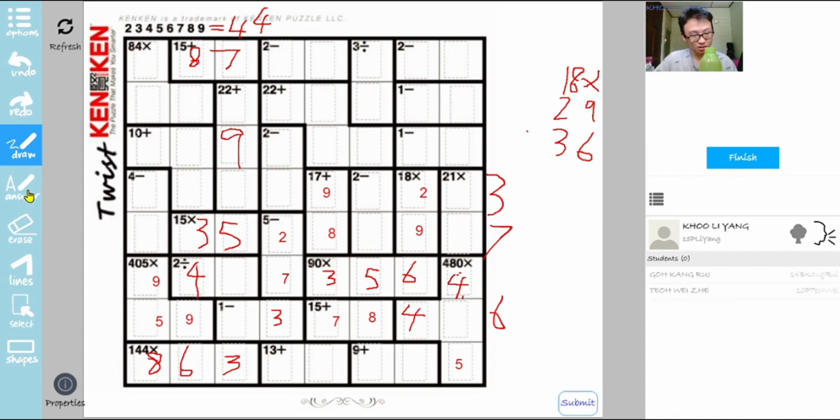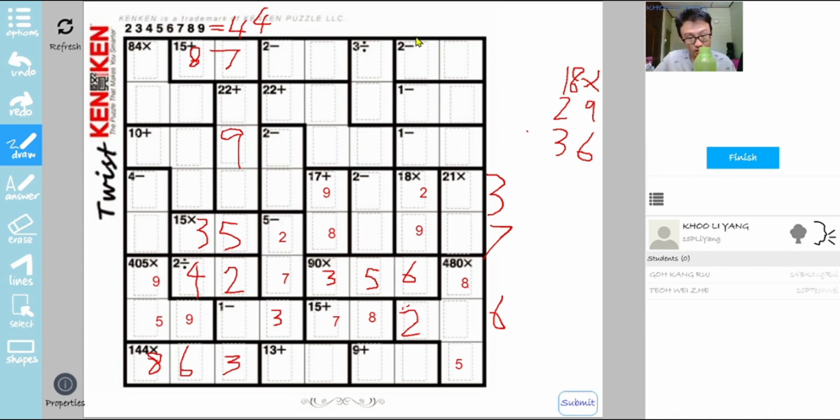So we know 2 will be here, and for sure 8 is at this box, so 8 is here, and then we can sketch 2 here.